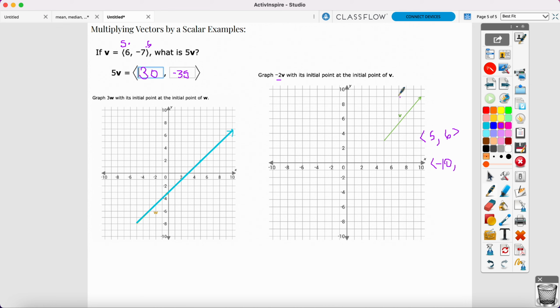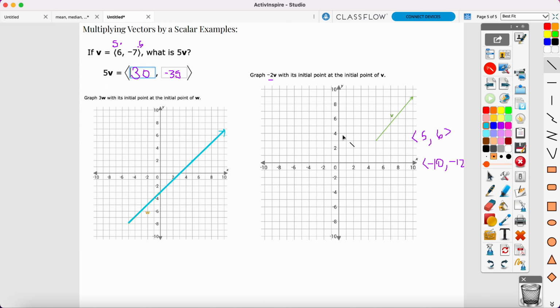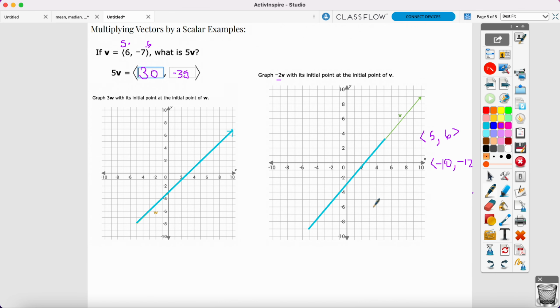And 6 times negative 2 is negative 12. So it says it has the same initial point, so we will start there. And then we're just going left 10 and down 12. So that is our graph of negative 2v.